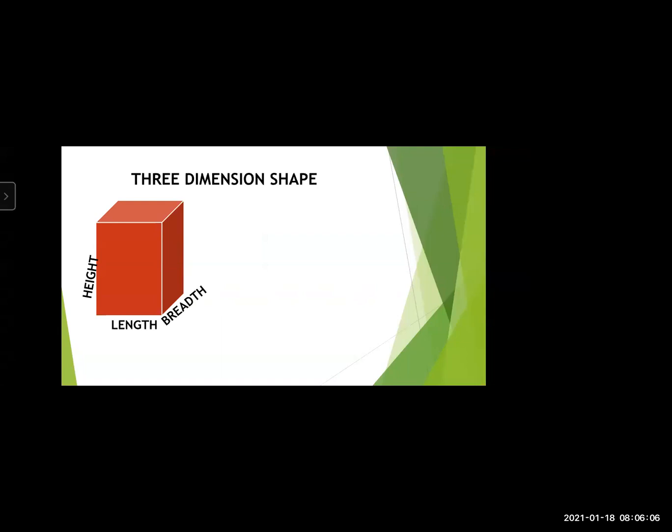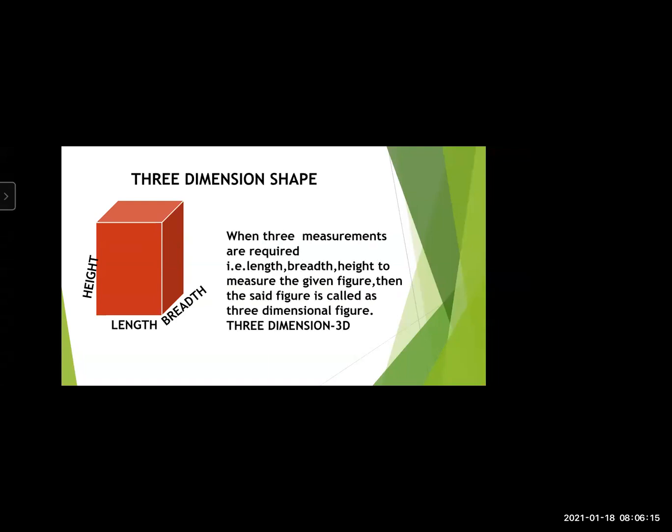We need three measurements to describe this figure. When three measurements, that is length, breadth and height, are required to measure the given figure, then it is called a three-dimensional figure. In short, we call three dimension 3D.